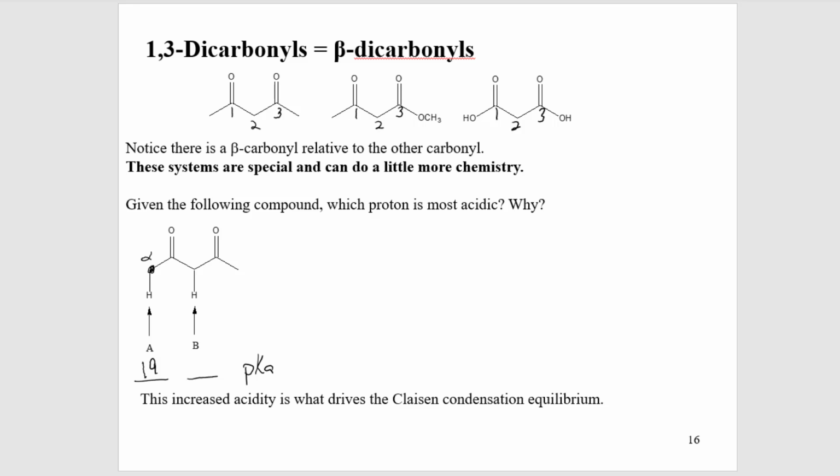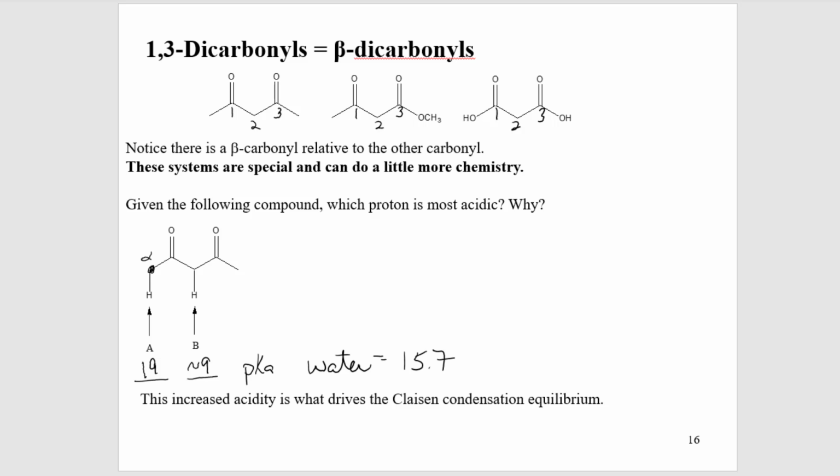Depending upon the carbonyl system, you could say it's around 9, 10, 11, somewhere around there. It just really depends on the carbonyl system. That is a huge increase in acidity, because remember, water's pKa is 15.7. So you went from worse than water to way better than water.